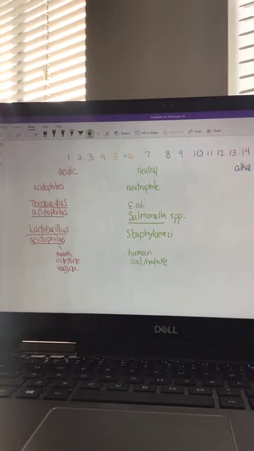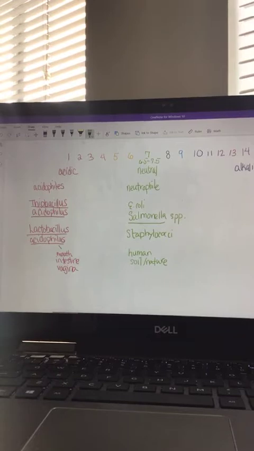One more thing that I wanted to add is most bacteria, their growth is between 6.5 and 7.5. So that is important to know. So 6.5 to 7.5, that's where they grow the best.